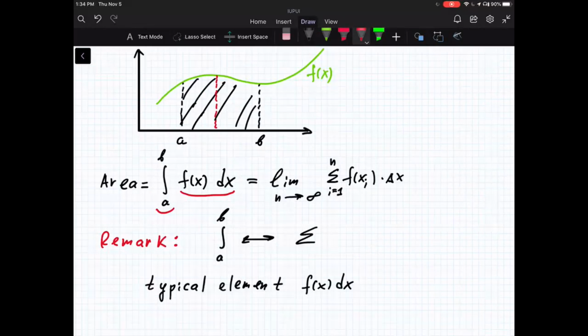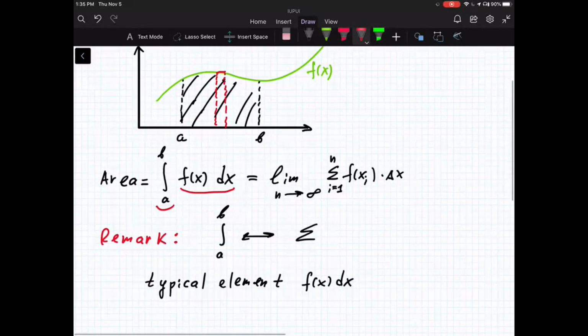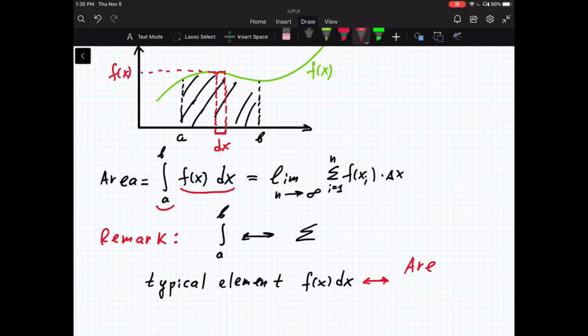So we choose this rectangle, then its base will be dx, while its height will be f of x. So indeed, this typical element gives me the typical area of a rectangle, or in other words, the area of a typical rectangle.